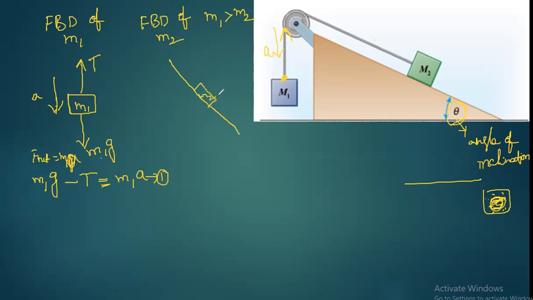This is M2. Now here, whenever you have a block on an inclined plane, what happens? Because of the angle of inclination, a right angle is formed, right? When a right angle is formed, there are trigonometric components.